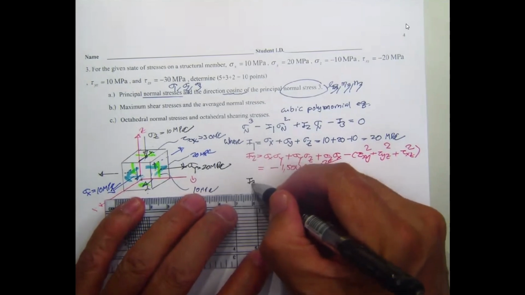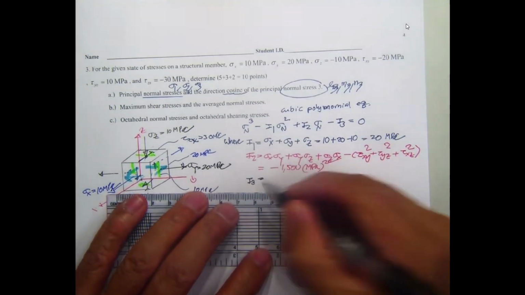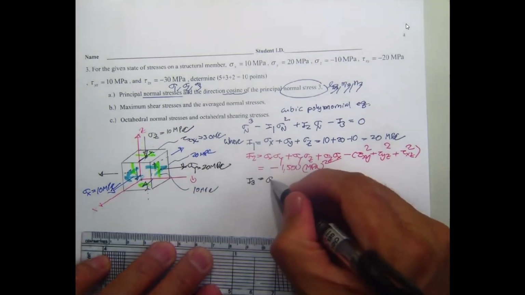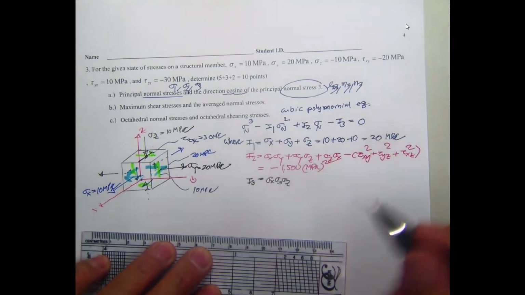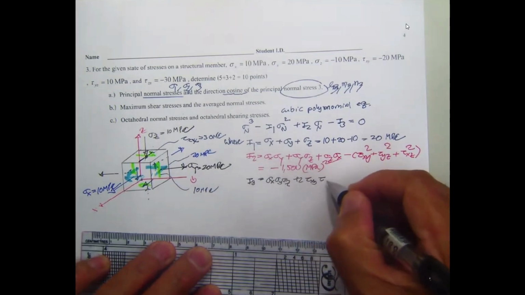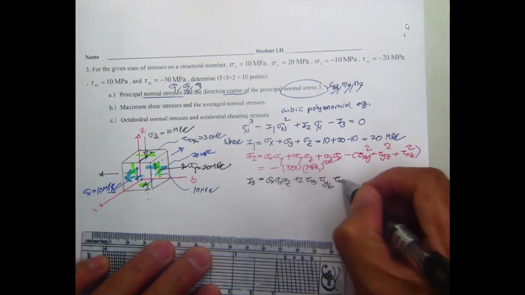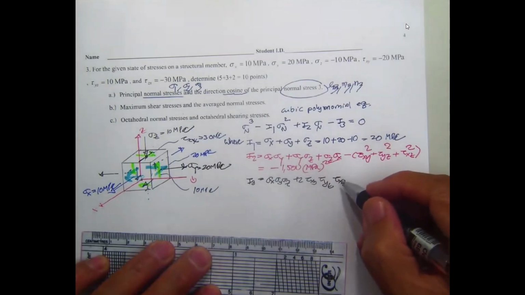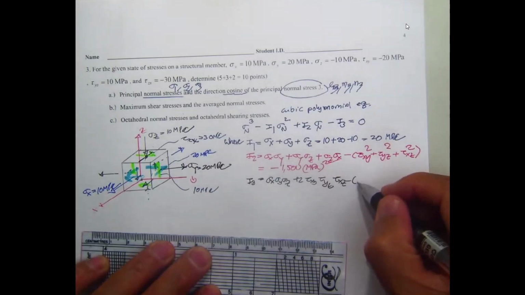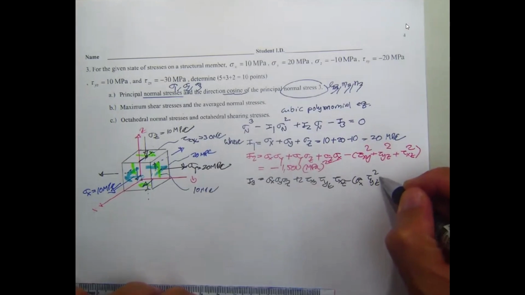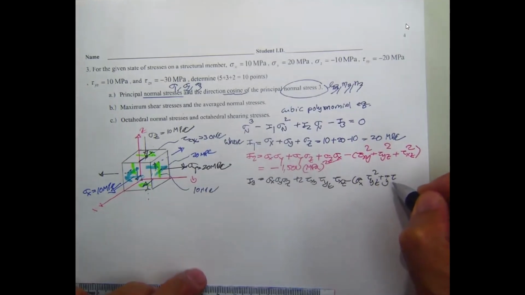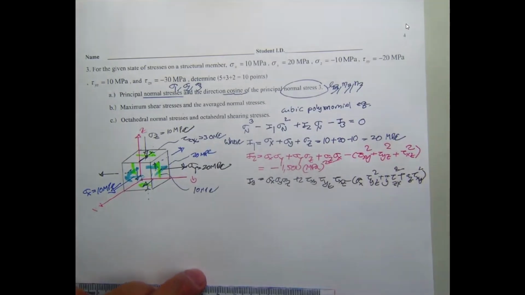And then the third one is actually better to put in a matrix and use the determinant to determine it, the I3. I won't put it in this detail. We have sigma x, sigma y, sigma z, plus 2 tau xy tau yz tau xz, and then minus sigma x tau yz squared plus sigma y tau zx squared plus sigma z tau xy squared.